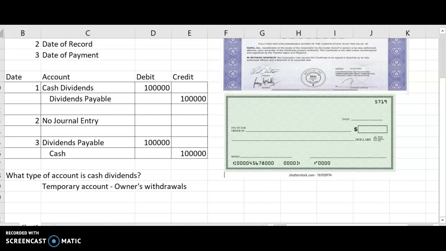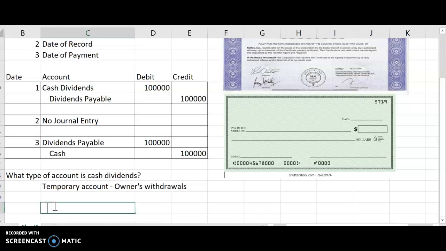We break it down into capital and into retained earnings. Well, we're going to close cash dividends to retained earnings. Remember, retained earnings is everything that we earned less what we distributed. Right here we are distributing our earnings. So that's where we're going to take it out at, and I'm going to show you what that looks like.